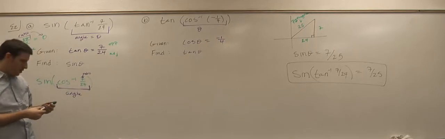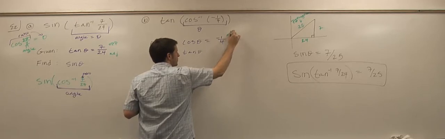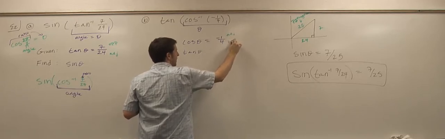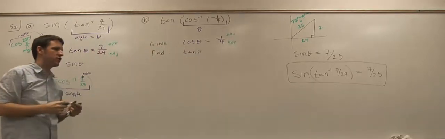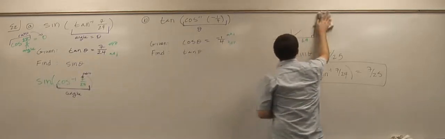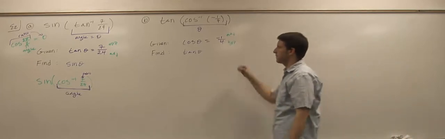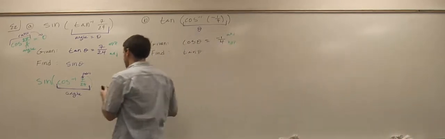Which means I can draw a triangle, use the fact that cosine is adjacent over hypotenuse to label my triangle. But I have to first figure out the quadrant that I should draw my triangle in so I get all the correct signs. So how do I figure out the quadrant?